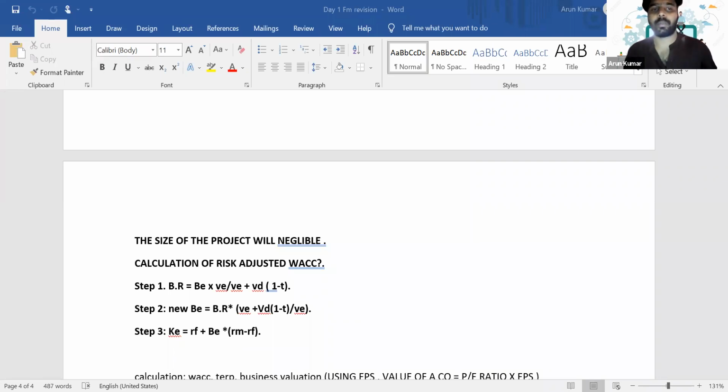Okay, perfect. So now we'll move on to the standard, which is IAS 21. Next we are going to discuss the standard IAS 21. So what are we actually discussing in IAS 21?